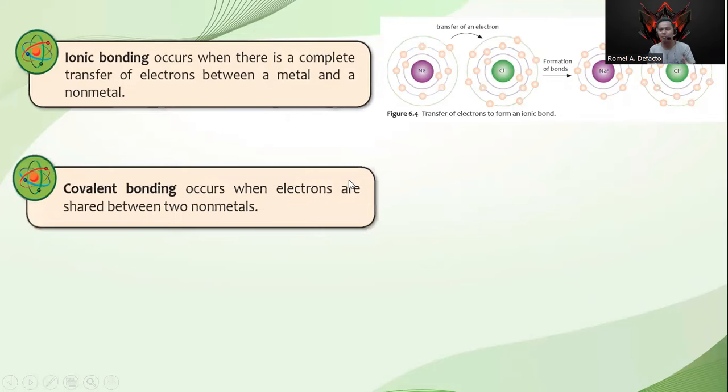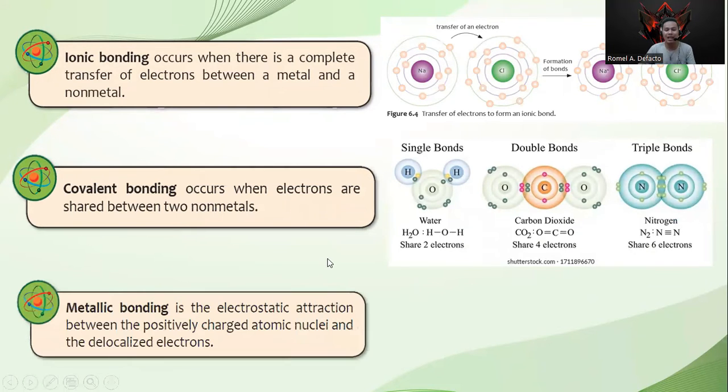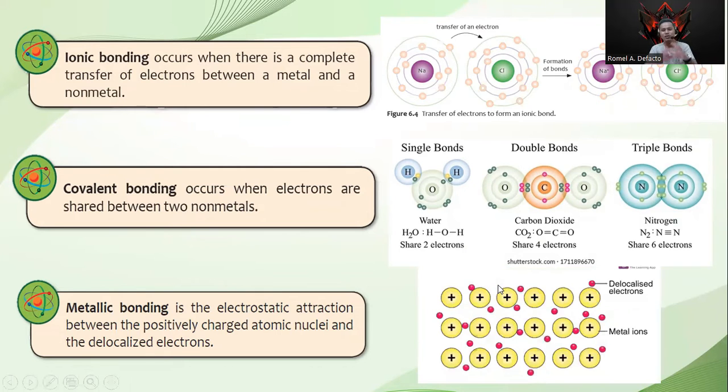Next is covalent bonding, which is the sharing of electrons between two nonmetals. The third one is metallic bonding, which is the electrostatic attraction between the positively charged atom nuclei and the localized electrons. Those are the three types of bonds.